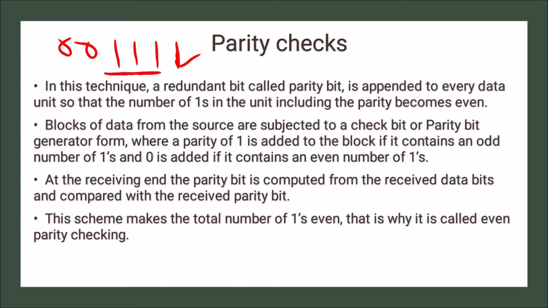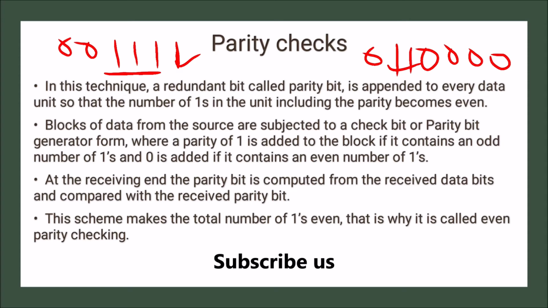But if, for example, the data is 011000, the number of ones is already even. So as a parity bit we include 0 so that the number of ones remains even. Our goal in this parity check is that after adding the parity bit the number of ones becomes even.